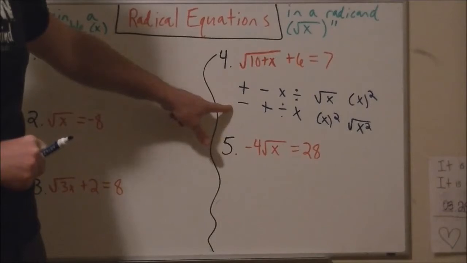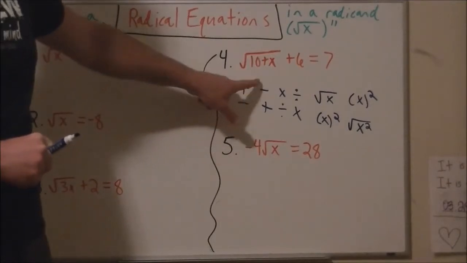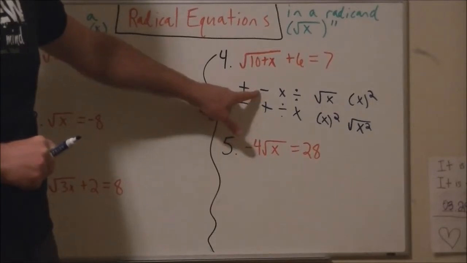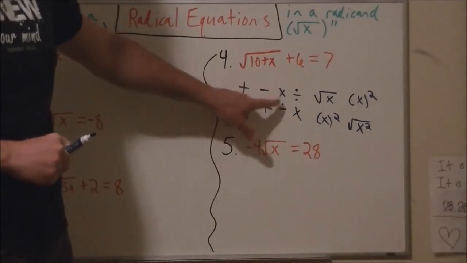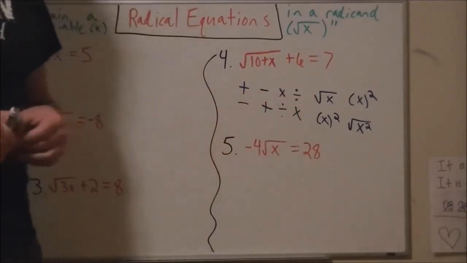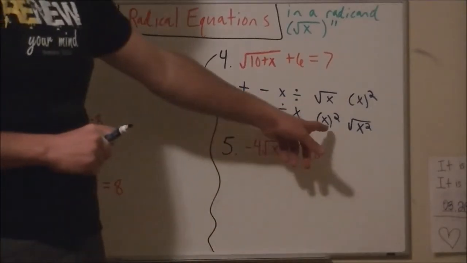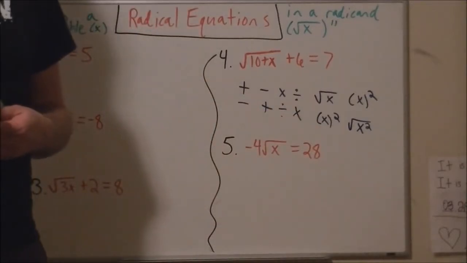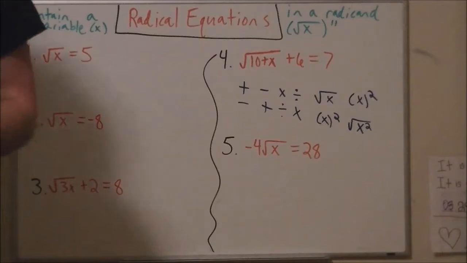You do a subtraction if it's being added. You do addition if it's being subtracted. If it's being multiplied, you divide. If it's being divided, you multiply. If the square root is being taken of it, to get rid of that, you're just going to square it. And that's what we're going to do with each one of these.